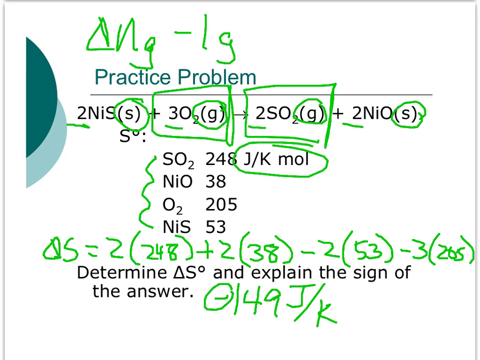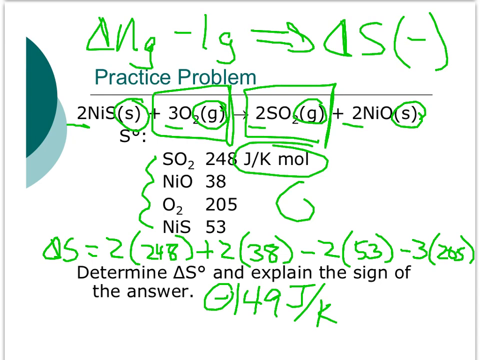So, if I lose gas moles, if I lose gas particles, I have fewer particles, fewer arrangements, so that should clearly indicate that the entropy change is going to be negative. Alright, so you can qualitatively predict what the sign of delta S would be based on the change in the moles of, again, let's emphasize this, gas moles.